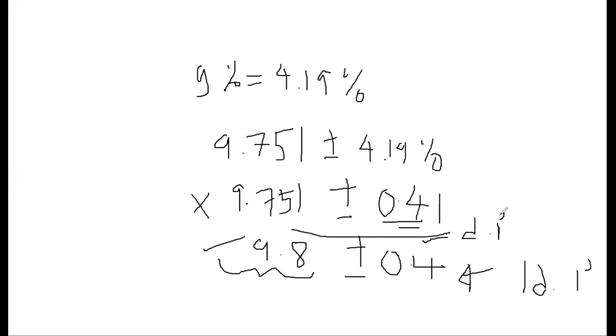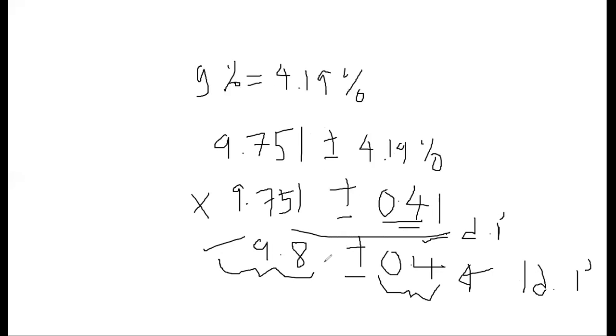That's the reason. So the explanation you give is what? Because the uncertainty of 4.19% out of 9.751 is 0.4, which is 1 dp. Therefore, the final answer must be 1 dp. So you should write 9.8.